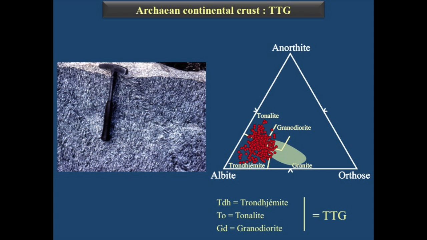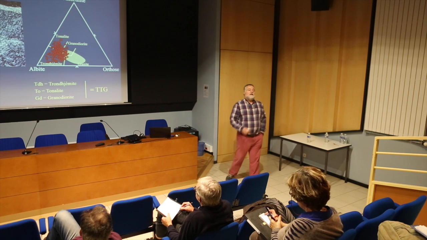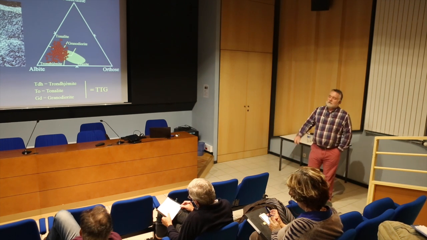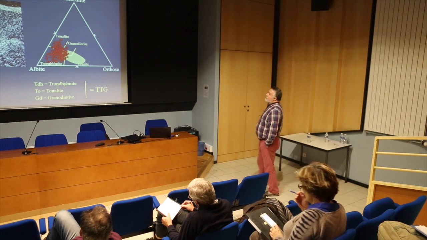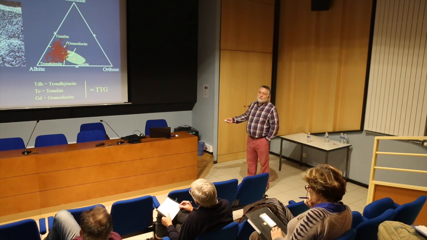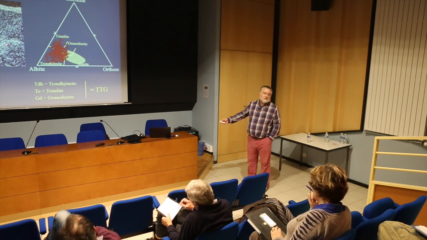A last point with this figure is that here in pale green is the composition of the modern continental crust. When I say modern, I say younger than 2.5 billion years, so Proterozoic and today. And obviously, the composition of the modern crust is granodiorite to granite. So the composition of the modern crust is different from the composition of the Archaean crust.